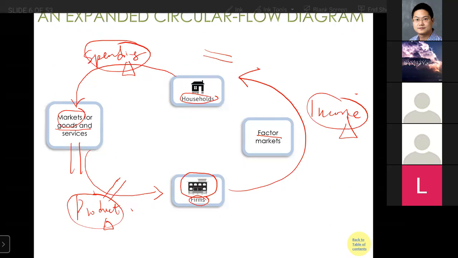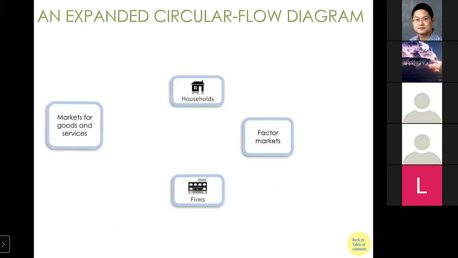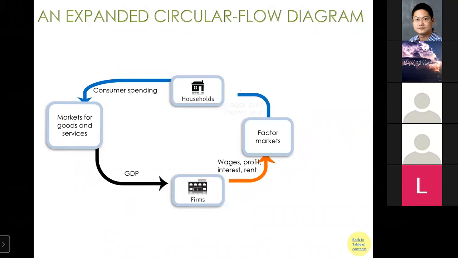So this is just a simple starting point. You have households and firms. So far there is no government, no international trade, and no saving, because you spend every single penny you earn. So here you spend everything.